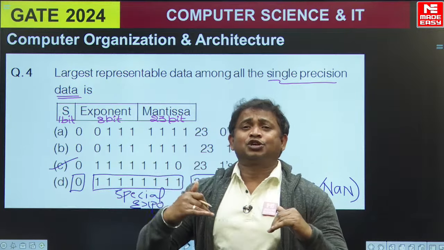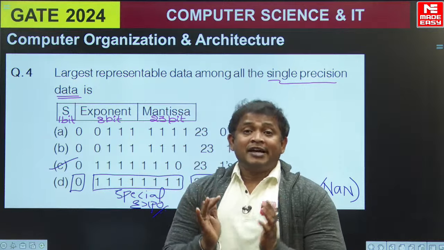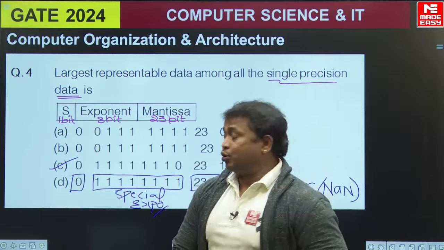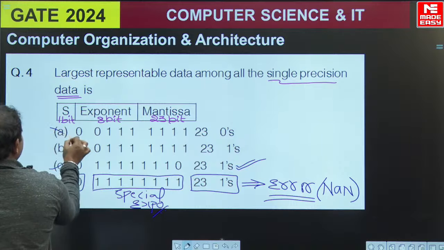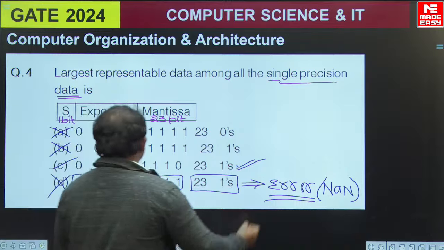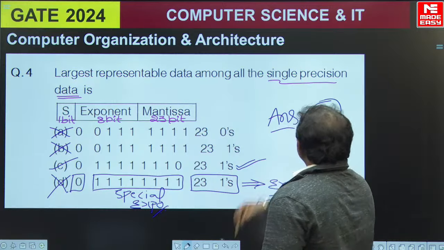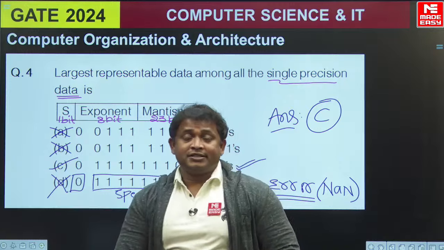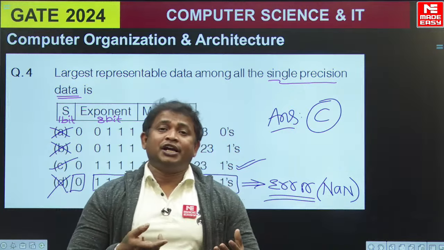That means after excluding the special exponents, you have the representable data exponents. So when you see the remaining options, this is not correct, this is not correct, and the last one is not correct. The correct answer is C. Largest representable data is C. This is a direct question from the running notes.